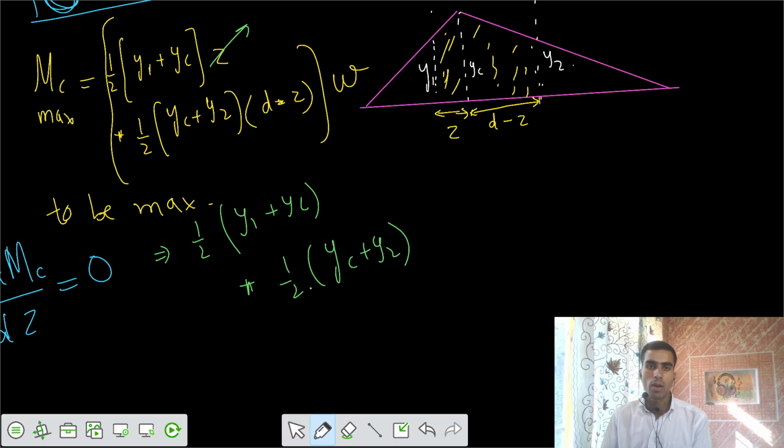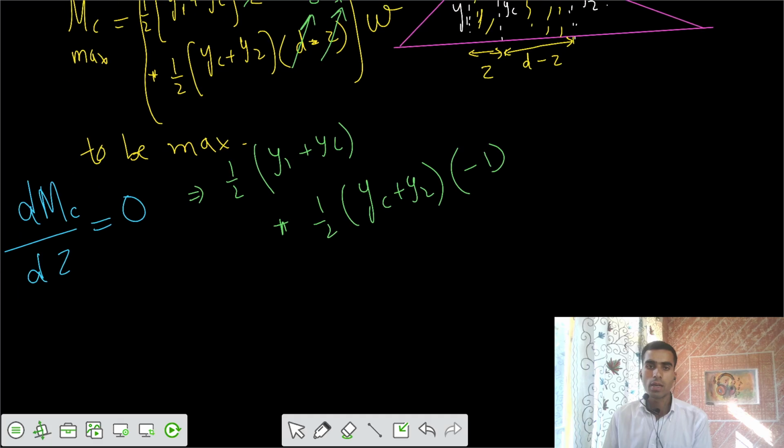Now if you differentiate D with respect to Z, that is 0, and if you differentiate Z with respect to Z, that is 1, so you are left with minus 1. And W we can ignore, W goes to 0, so we can say this part is equal to 0. So you have Y1 plus YC equals Y2 plus YC. So that means Y1 equals Y2.